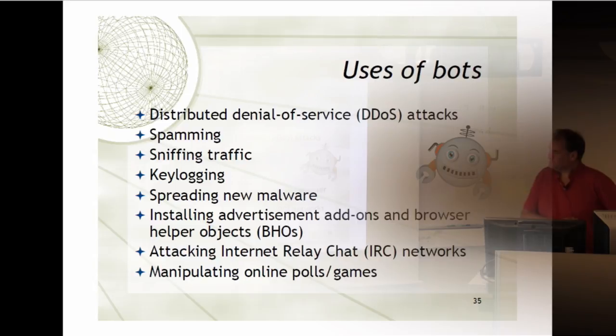Other reasons are spamming, a way to exploit spam by using lots of relays, and then we can really send out huge spam traffic. We can sniff traffic with them. All the bots can listen to local traffic to see what's going on. And that means we can get in behind firewalls to see what is actually going on in the local network, typically unencrypted, even if we use VPN, like IPsec we talked about last week.